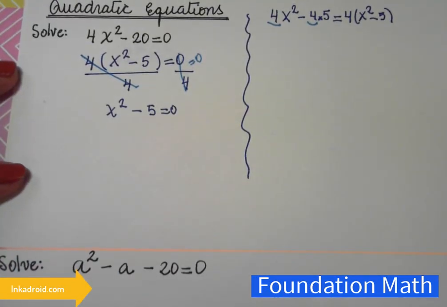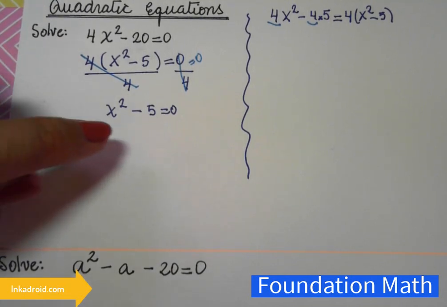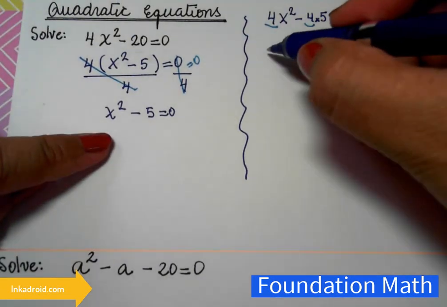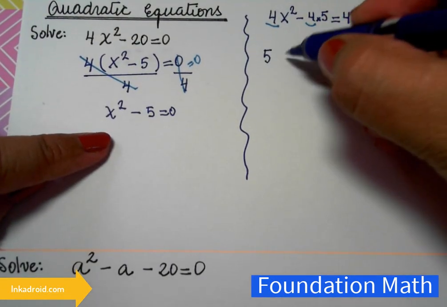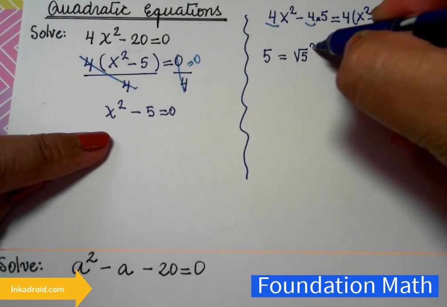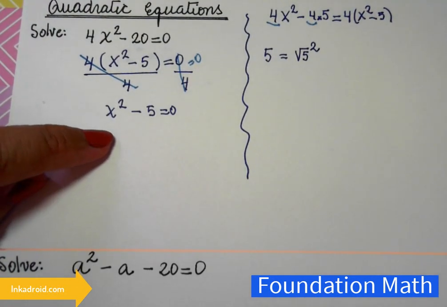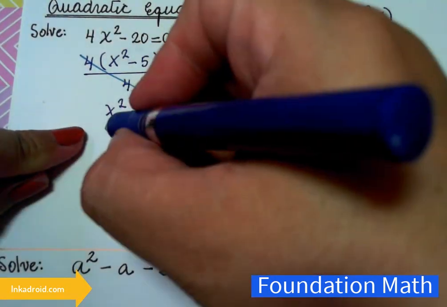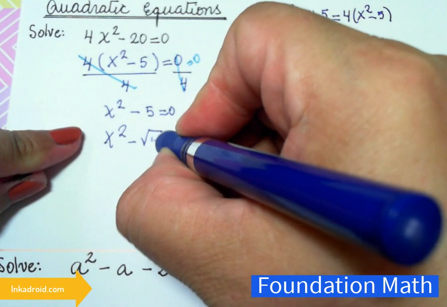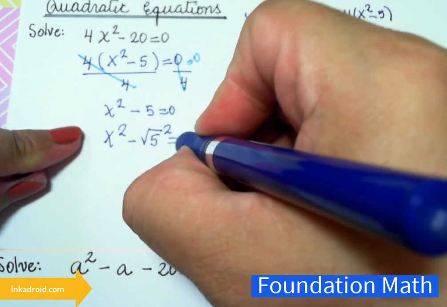Now, I want to show you something very important. We don't have a difference of squares here, but we can change the expression 5. Instead of 5, I can write the square root of 5 squared. So I'm going to change here to x squared minus the square root of 5 squared equals 0.